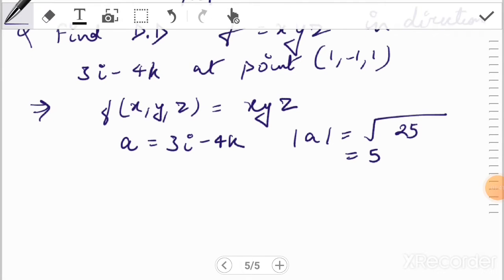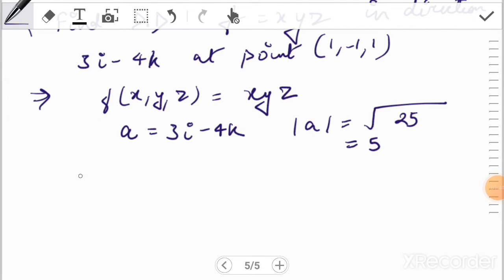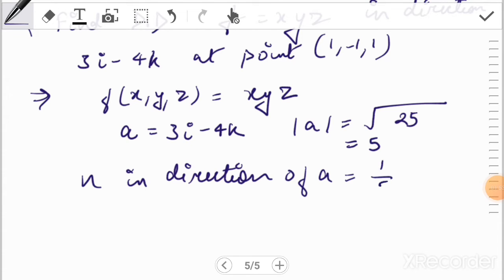Right? Now the unit vector in the direction of A is 1 by 5 into 3i minus 4k.